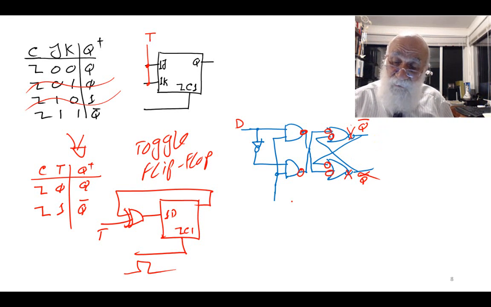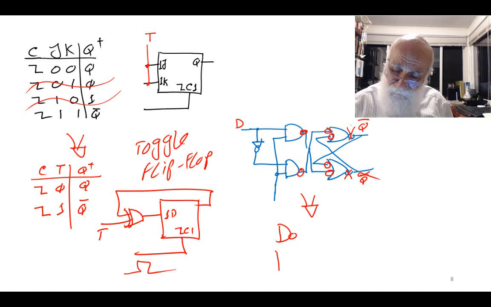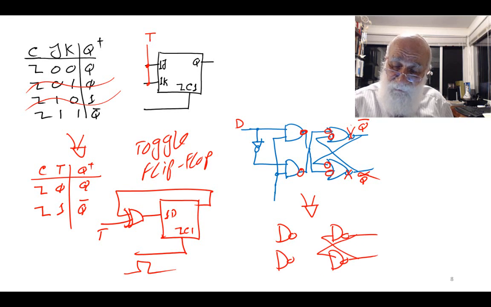Now my circuit is all NAND, but the good thing about this is I can put Q and Q bar where they were, and then remove this crossing here.